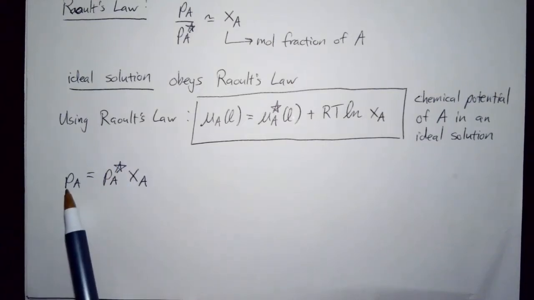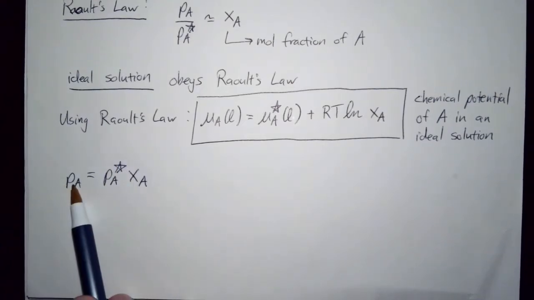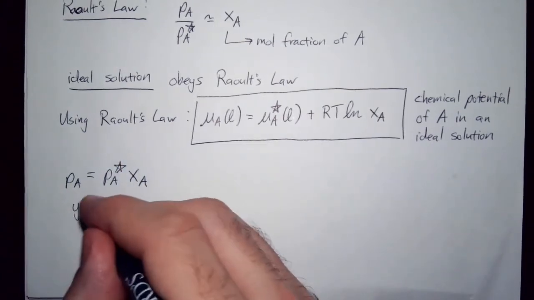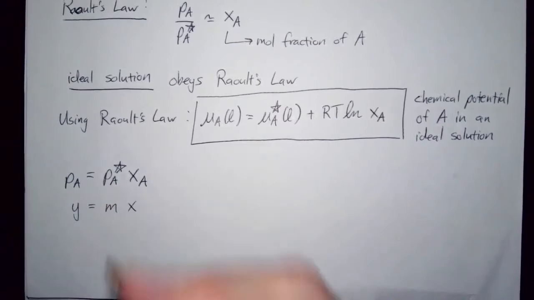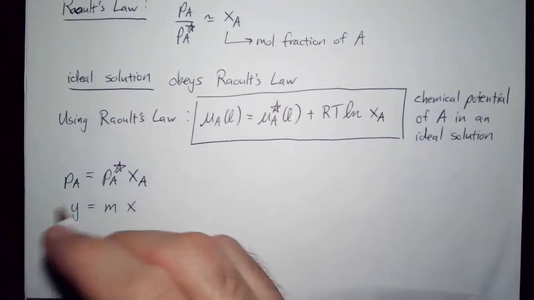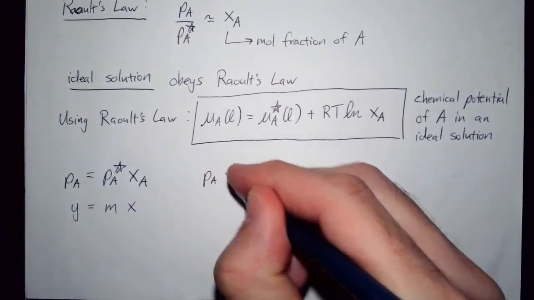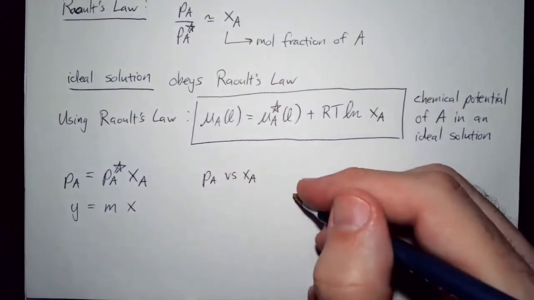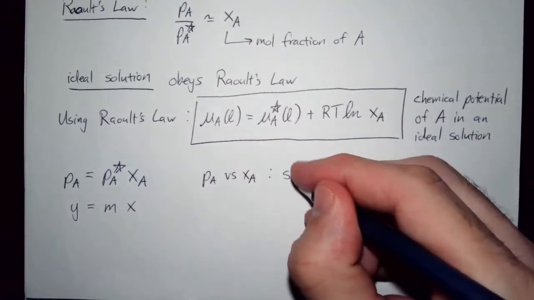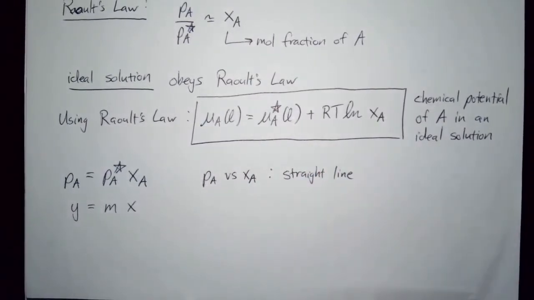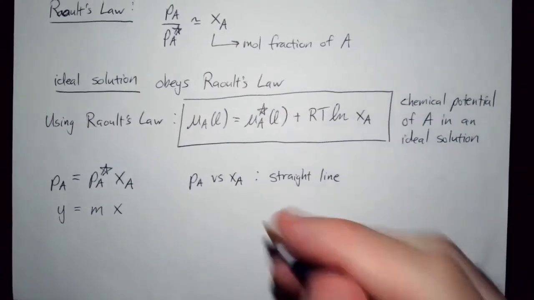Therefore, if I were to plot PA versus XA, I should get a straight line with a slope of PA star, comparing this to y equals mx. So if I plot PA versus XA and I get a straight line, then that is an ideal solution.